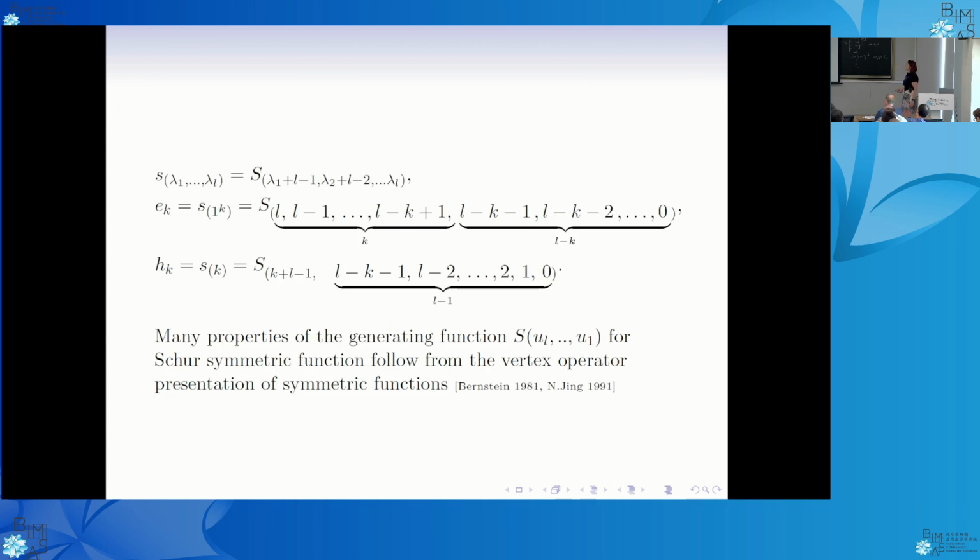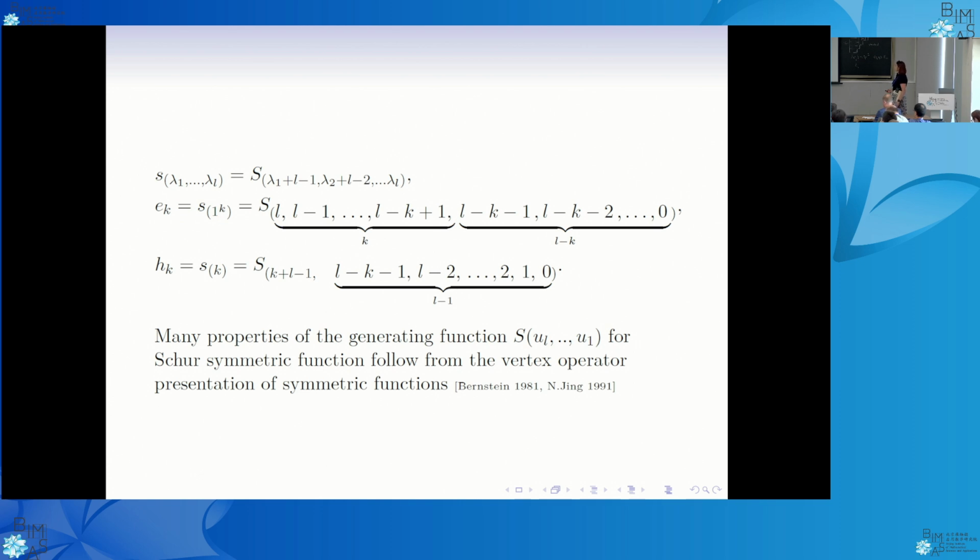And more specifically, if you have a particular Schur symmetric function, it corresponds to the coefficient in this series with these indices, where you have to subtract, like go down, each time at each next coordinate.